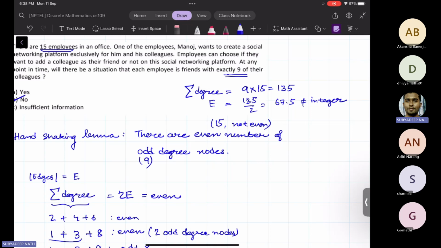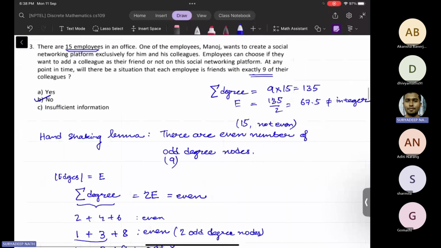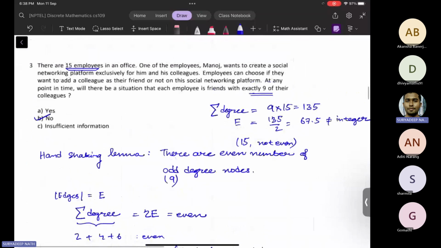You have either one full edge or no edge. So therefore by the handshaking lemma it is never possible that 15 employees each be connected to exactly 9 friends. So this is not possible. I hope this is clear to everyone. If you have any doubt you can ask, or you can ask at the end as well.